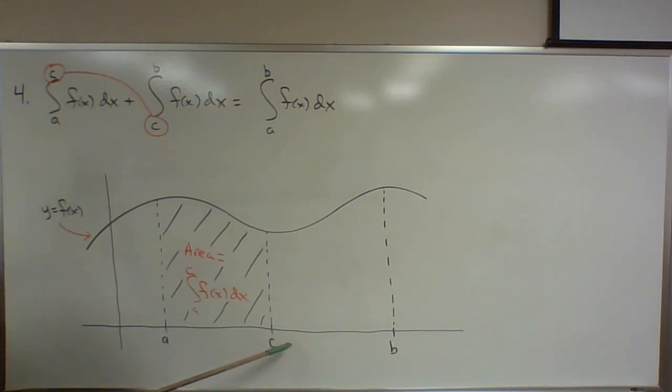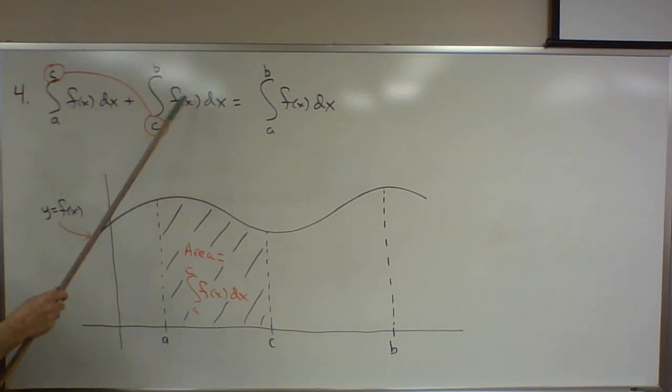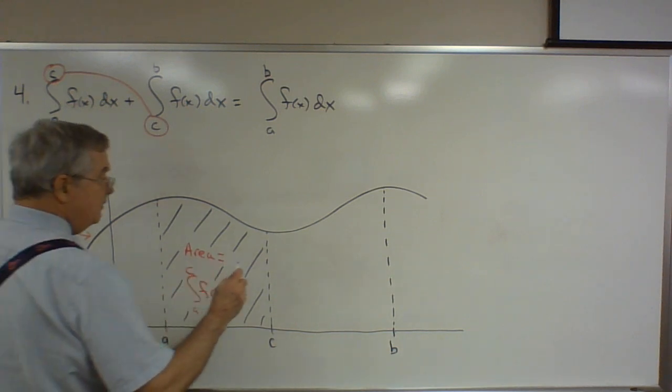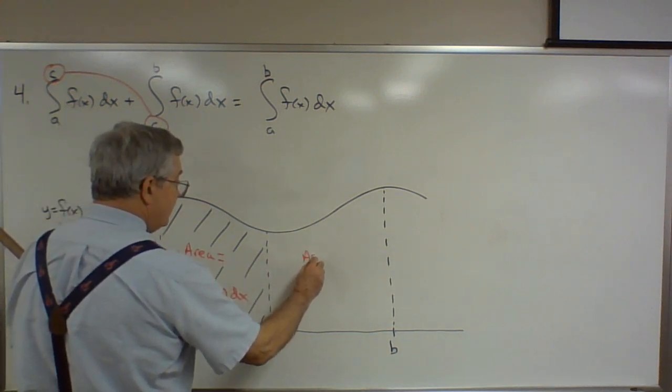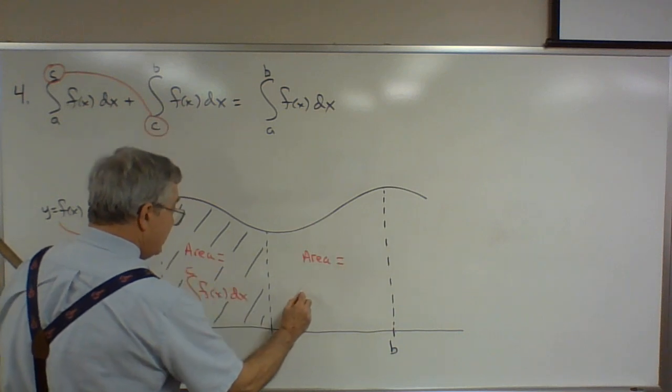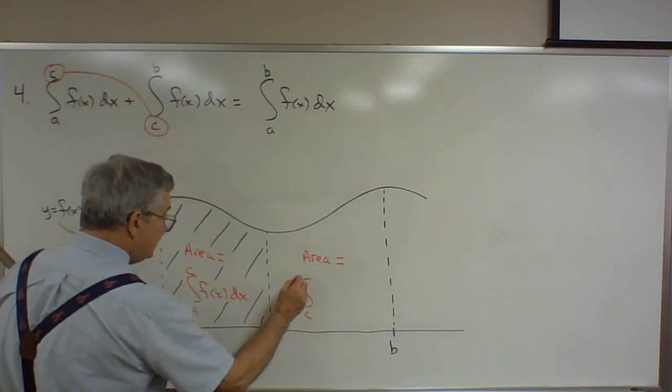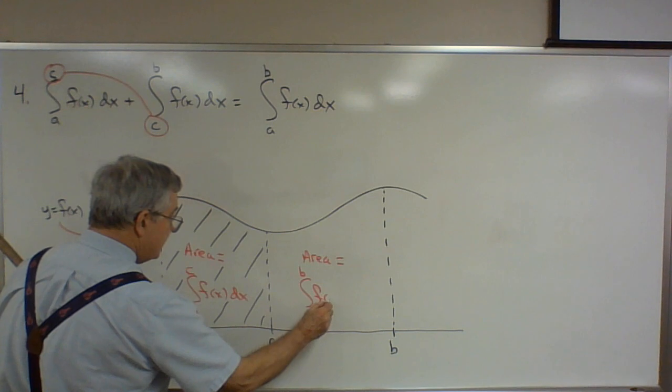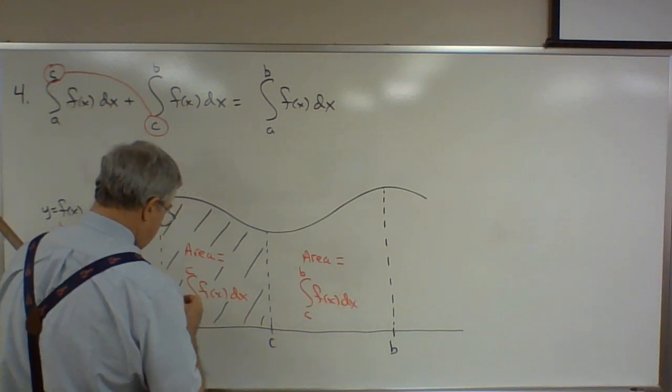And what about this area right here? The area between the graph of f of x and the x-axis from x equals c to x equals b. Wouldn't that be the integral from x equals c to x equals b of little f of x dx? Sure would. So this area over here is the integral from c to b of f of x dx.